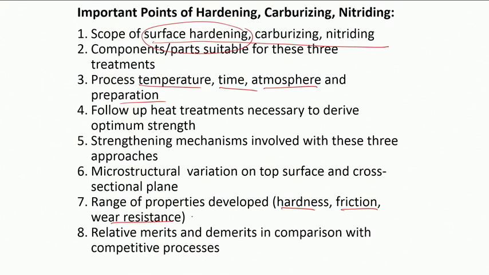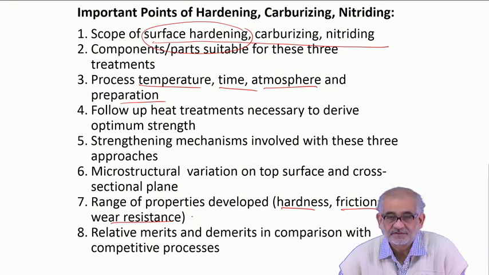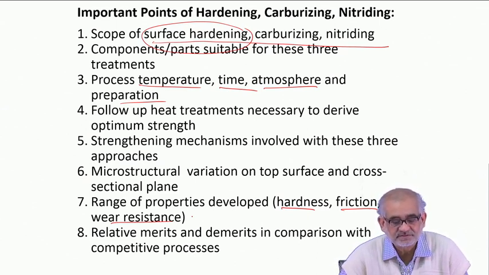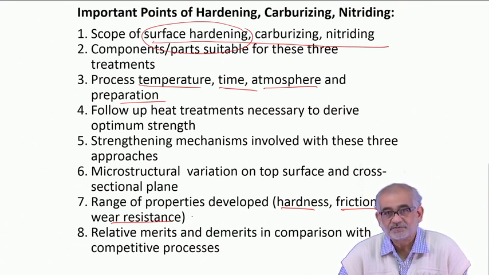What were the purposes, what were the end results, what microstructure, what mechanism of strengthening, how do they compare with each other in terms of process difficulty or ease, the process parameters, time, temperature, atmosphere, various other implements necessary, what's the level of property changes that you bring in, what are the merits, what are the demerits, and finally the applicability for various industrial practices.